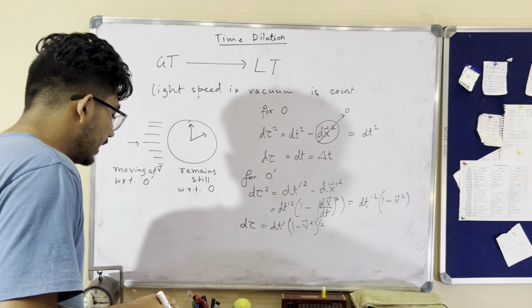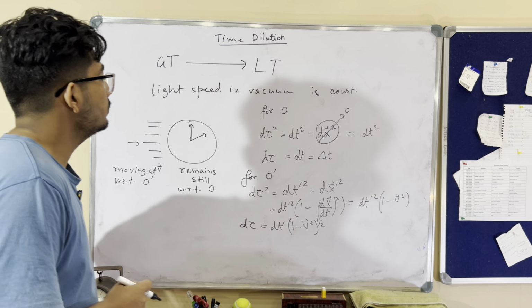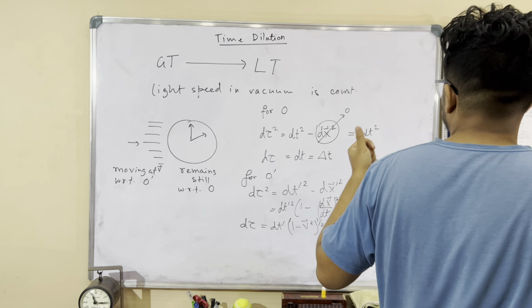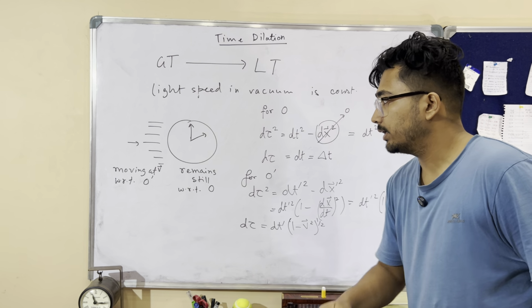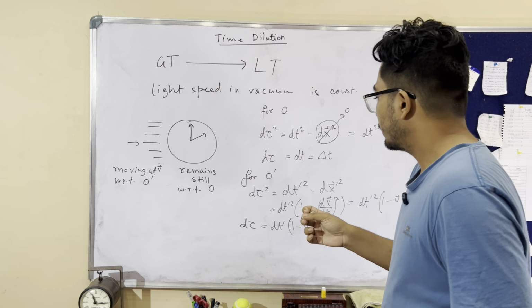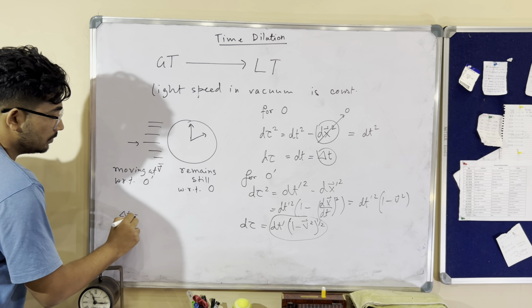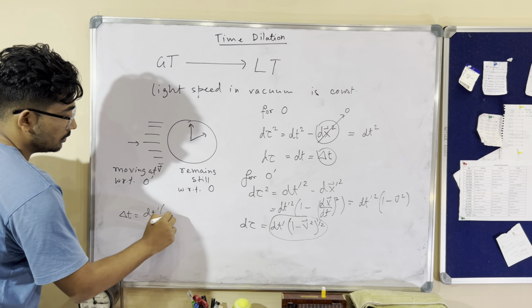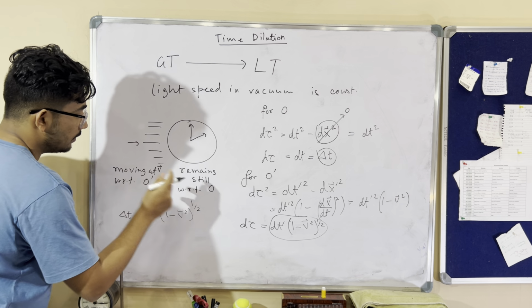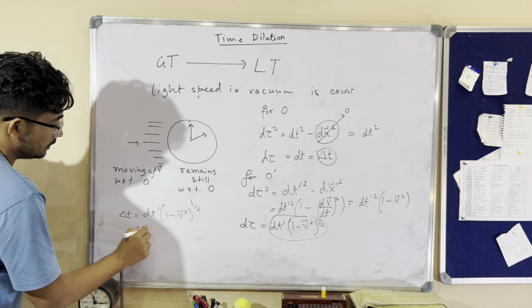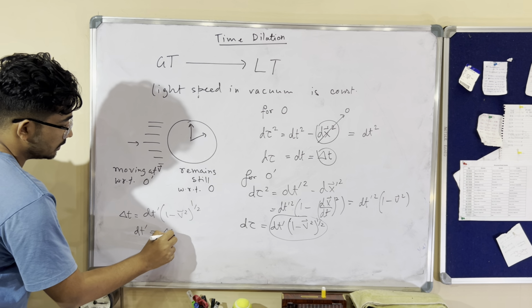And as in the last lecture I have shown that the proper time is an invariant under the Lorentz transformation, d tau remains the same, as O and O prime are connected through the Lorentz transformation. So this delta t will be exactly equal to this term. Here we get delta t equal to dt prime times 1 minus v squared to the power half, or dt prime is equal to delta t times 1 minus v squared to the power minus half.